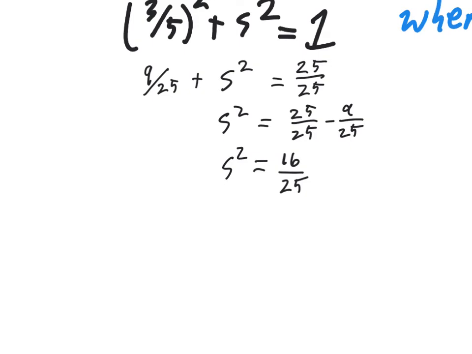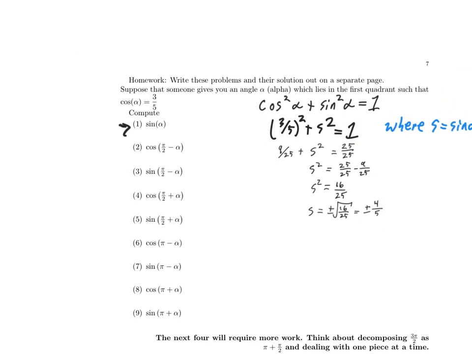Oh, neat. So that means that S is plus or minus the square root of 16 over 25. Are there any perfect squares in that square root? There are. 16 is a perfect square, and 25 is a perfect square. So S is plus or minus 4/5.